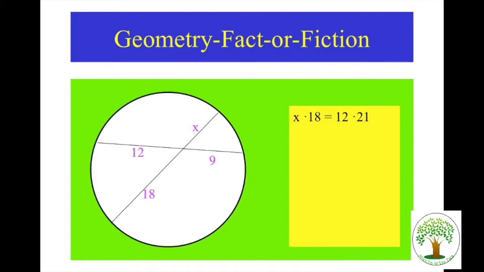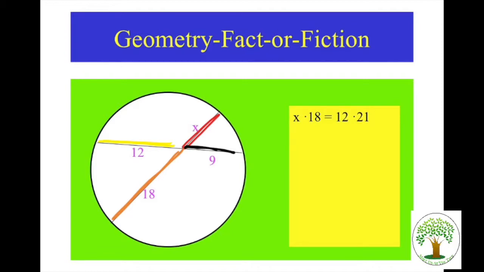Now, welcome back. When we did this one, if you remember, the theorem said that if you multiply this one times this side, that should equal this side multiplied by this side.